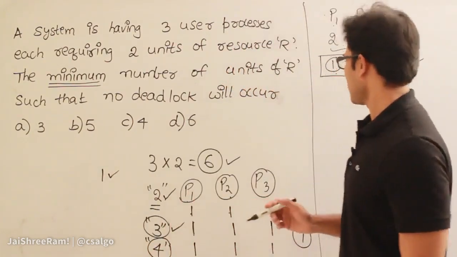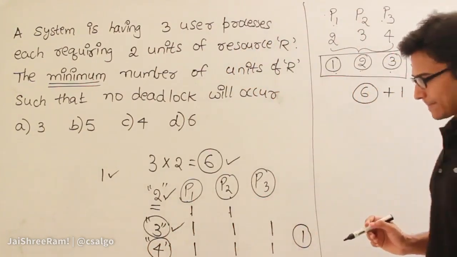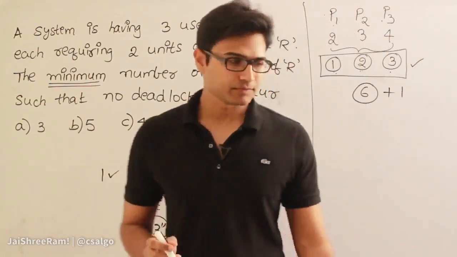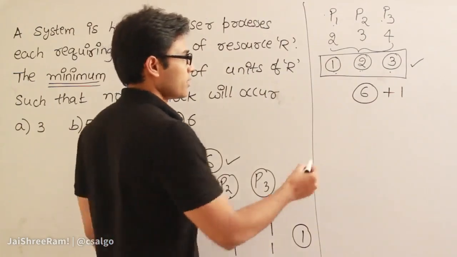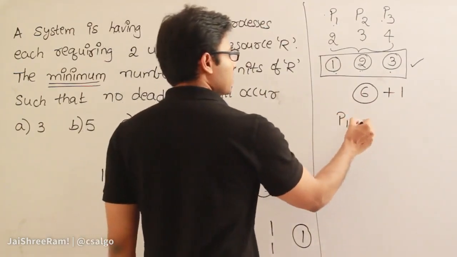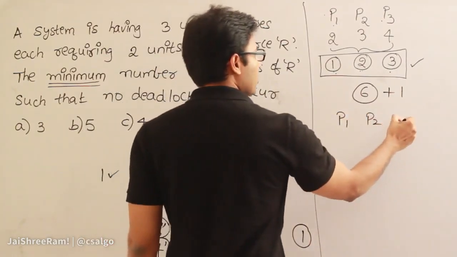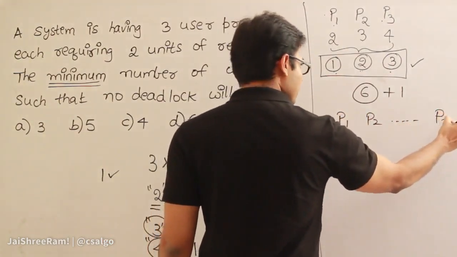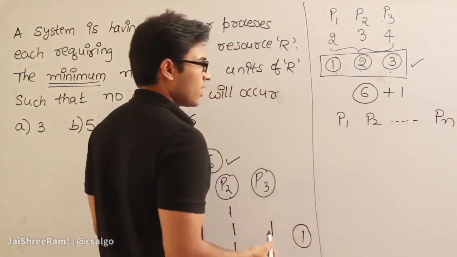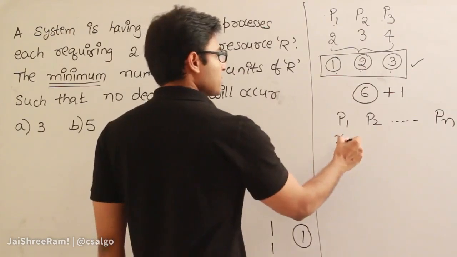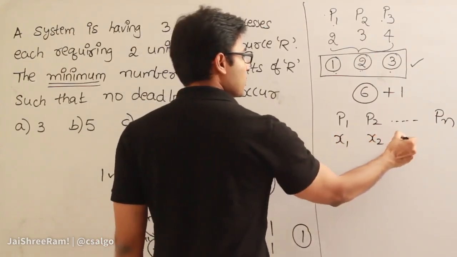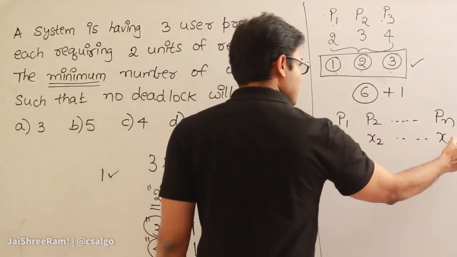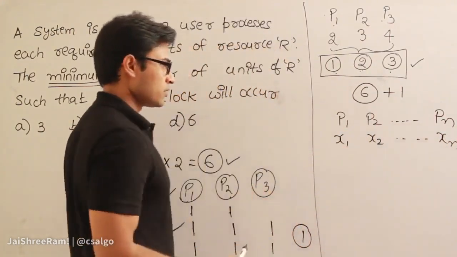Let us say, what I mean to say is this. See this? Let us assume that P1, P2, P3, so on, Pn are the processes, and each one requires x1, x2, x3, so on, xn resources in order to finish their execution.